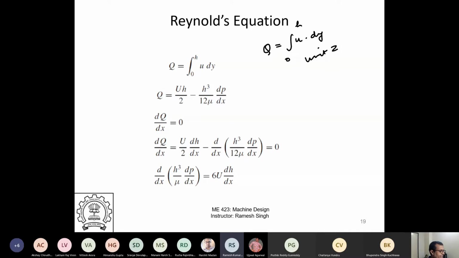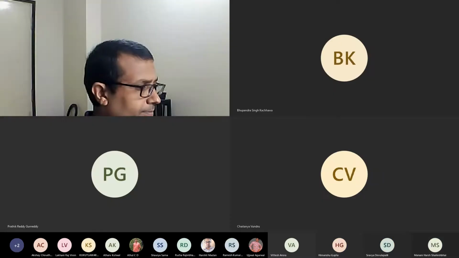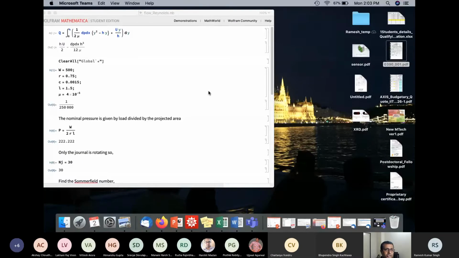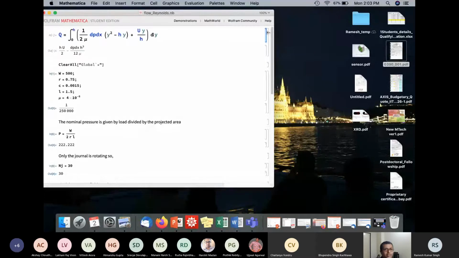Let me just show Mathematica real quick. So we will integrate it. You should see Mathematica really soon. So this is what we found for u as a function of y. Let me blow it up a little bit.